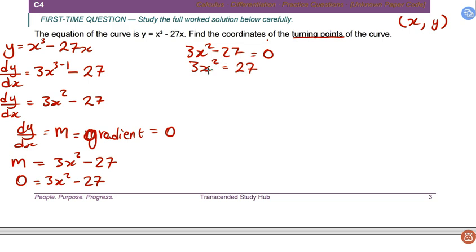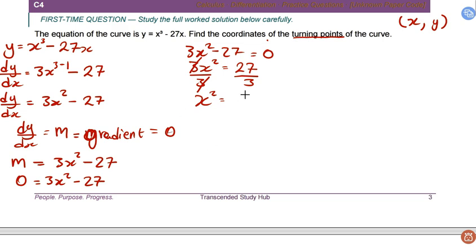It becomes positive 27 when it goes to the other side, and then you divide both sides by 3. x squared will be equal to, you can use your calculator here so you don't make mistakes, 27 divided by 3.